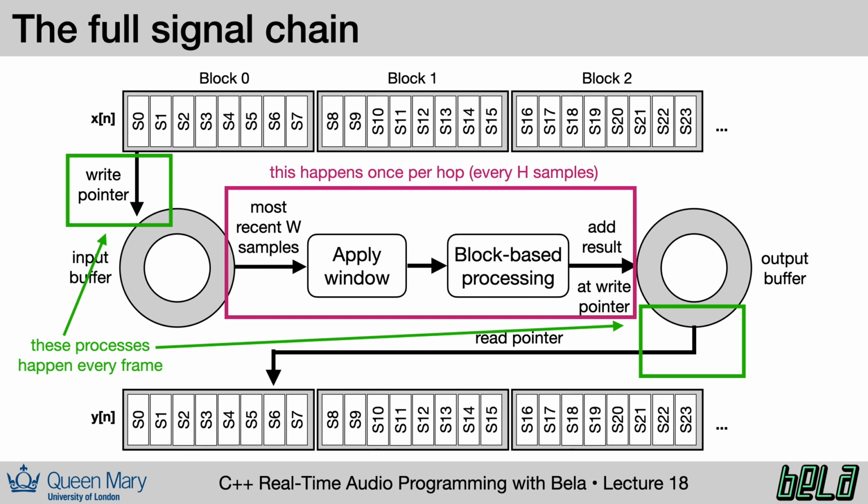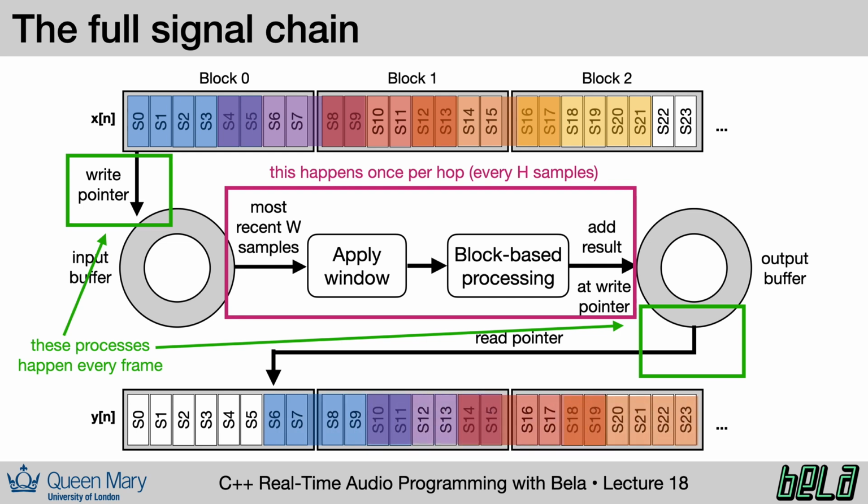Once we get a new block of samples out, that is then added into the output buffer at the location given by the write pointer, which then advances 1 hop. The result of all of this process is a series of overlapping windows at the input, producing a series of overlapping windows at the output. And as shown here, the system is causal, because each output sample only depends on current and previous input samples.